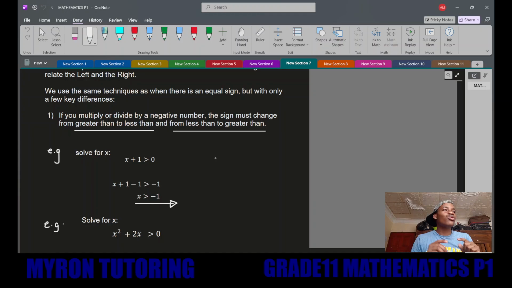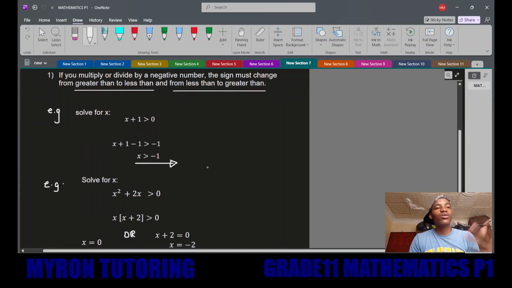That means you will have negative 2x is less than what? Negative 4. Whenever you multiply or divide by a negative, you need to change the sign from greater than to less than, and conversely from less than to greater than.